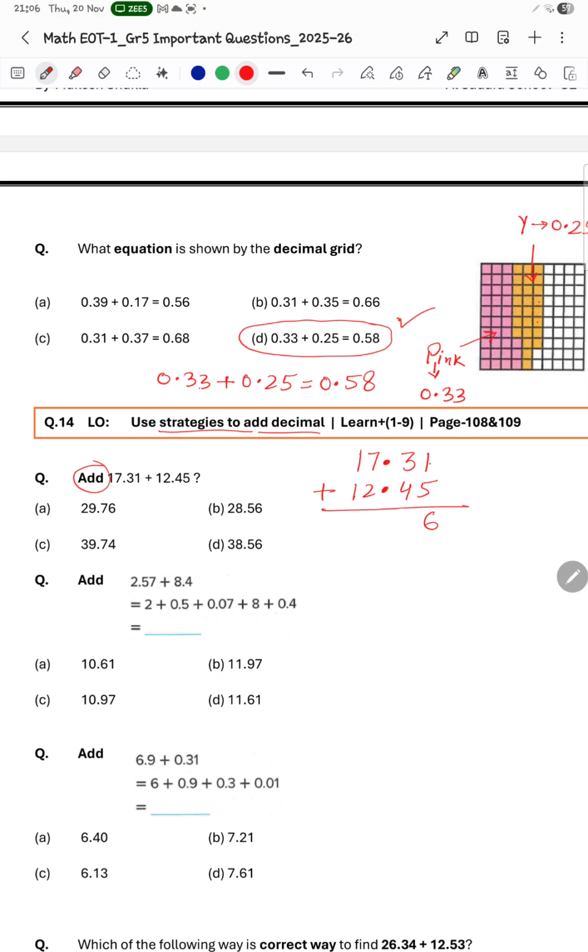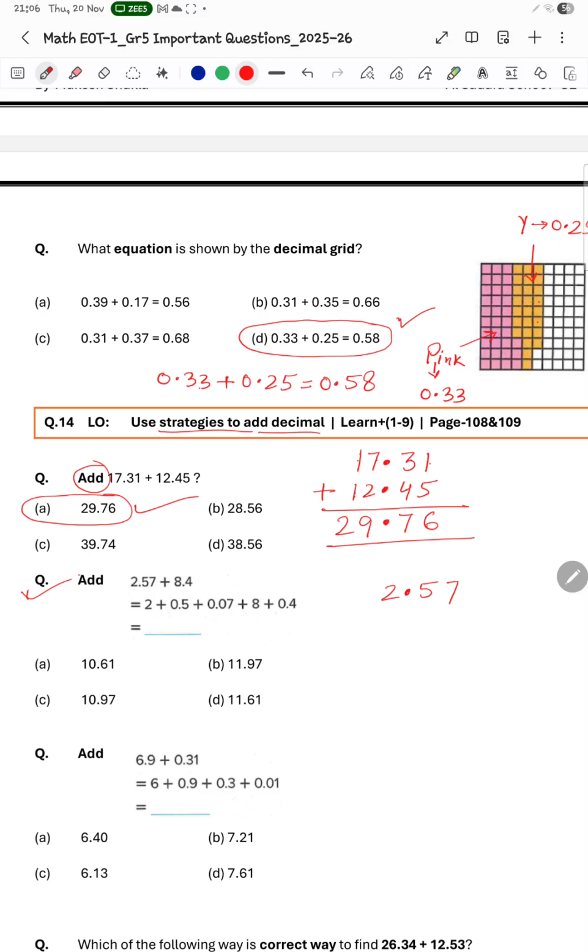5 plus 1, 6, 4 plus 3, 7, dot, 7 plus 2, 9, and 1 plus 1, 2. So my answer is 29.76. So option A is the correct one. Okay, question 2. 2.57 and 8.4.